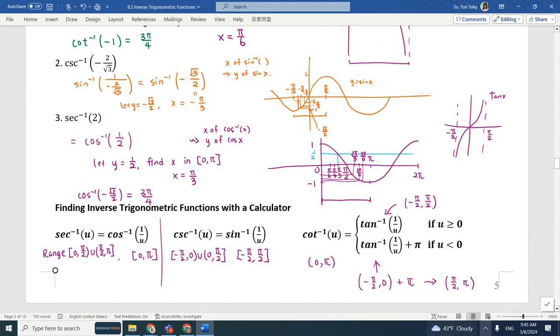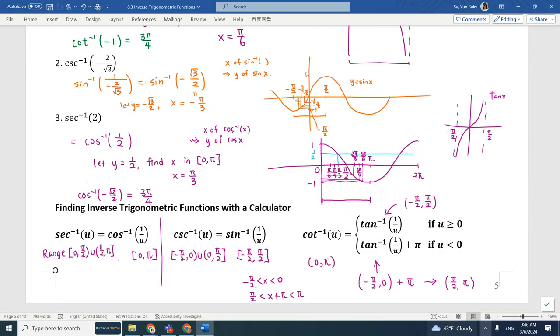Are you okay with my notation like this? I mean, if x is between negative pi over 2 and 0, when you add pi to each term, then you get pi over 2 less than x plus pi less than pi.